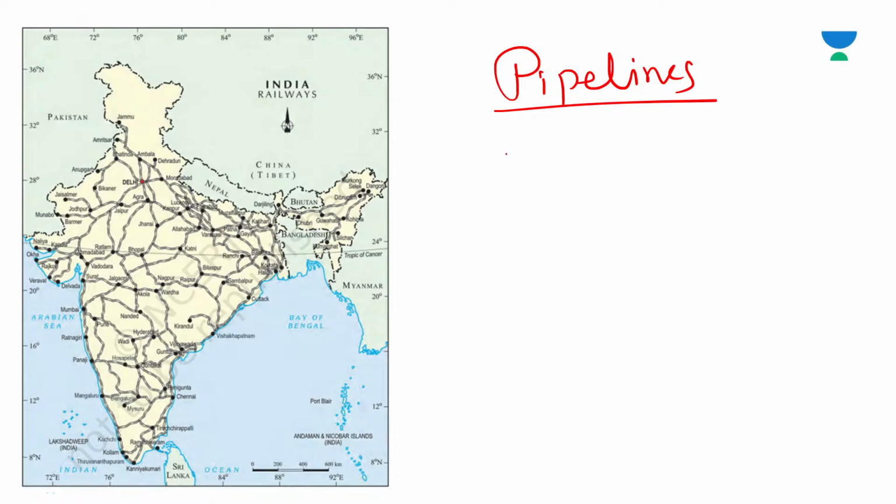That is from the oil field in Upper Assam to Kanpur via Guwahati, Barauni, and Allahabad. It has branches from Barauni to Haldia via Rajbandh to Maurigram and Guwahati to Siliguri.